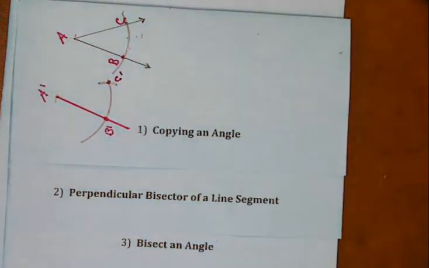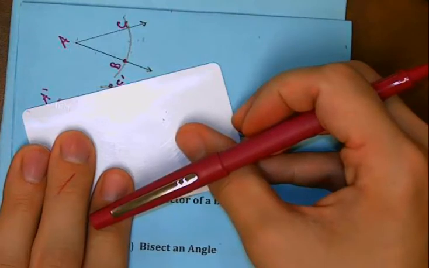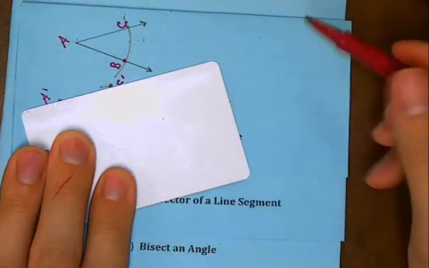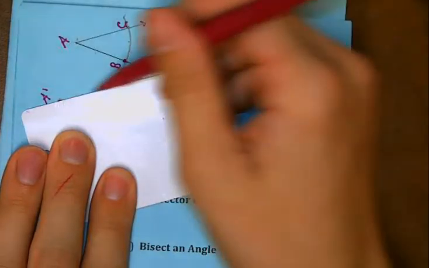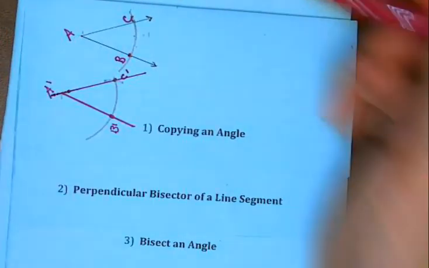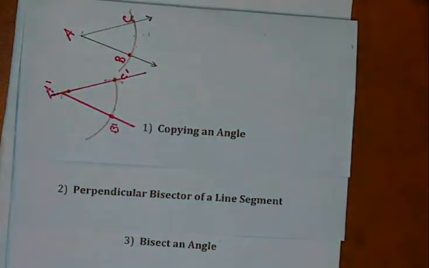So we're going to need to draw a line from A prime to C prime. And there we go. There's our new angle. It's actually the exact same angle.